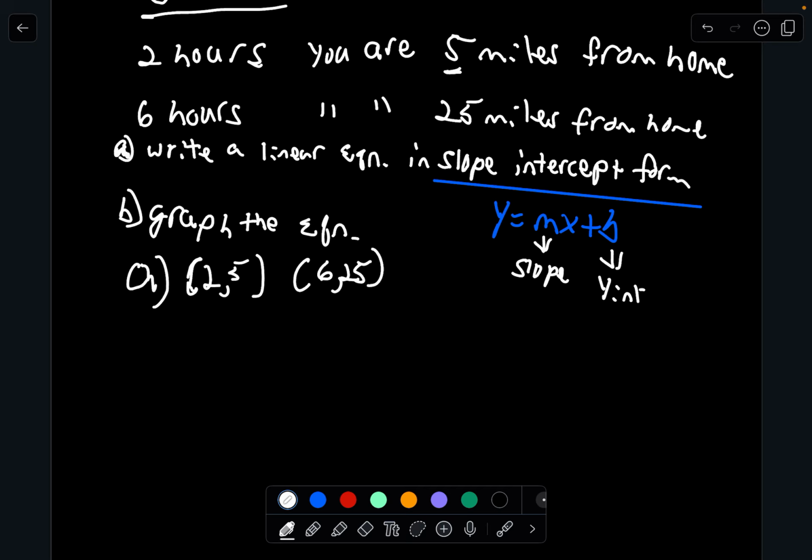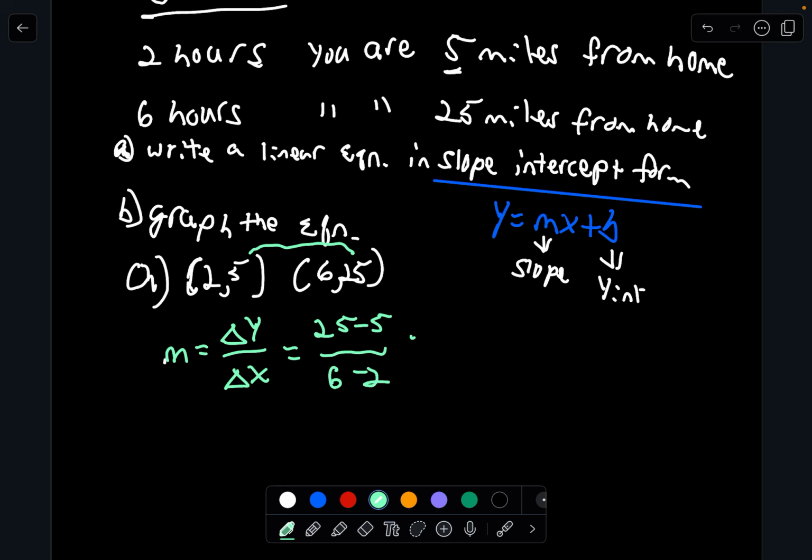So we're going to first find the slope. The slope, m, equals the change in output, the change in y, over the change in input, or the change in x. That would be 25 minus 5 over 6 minus 2.